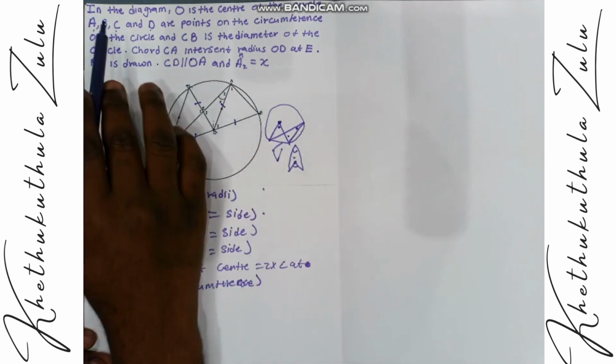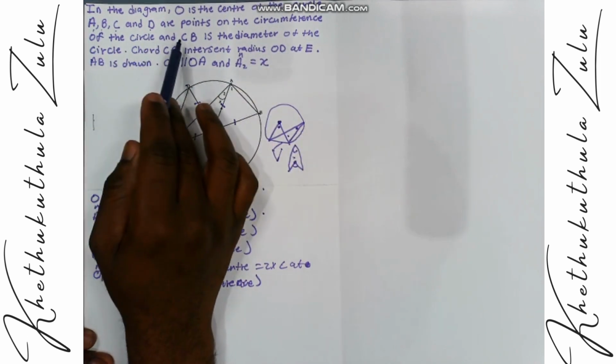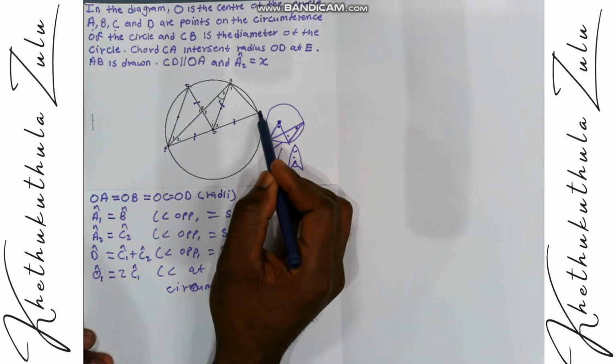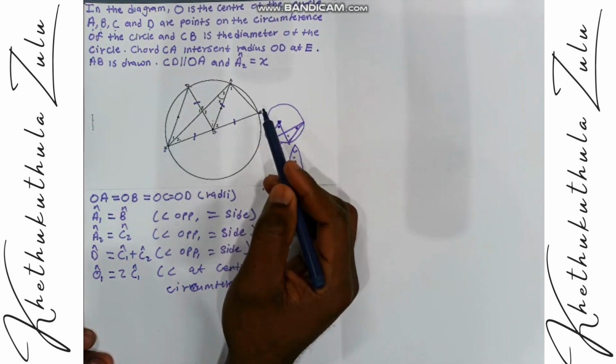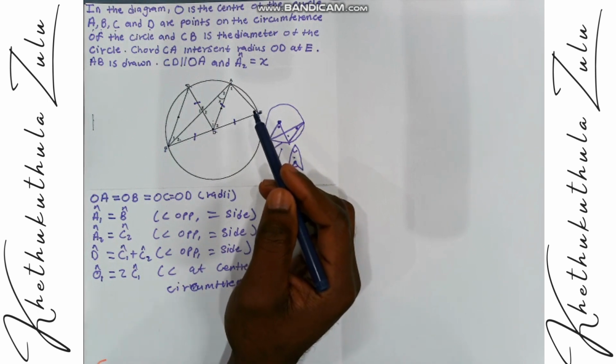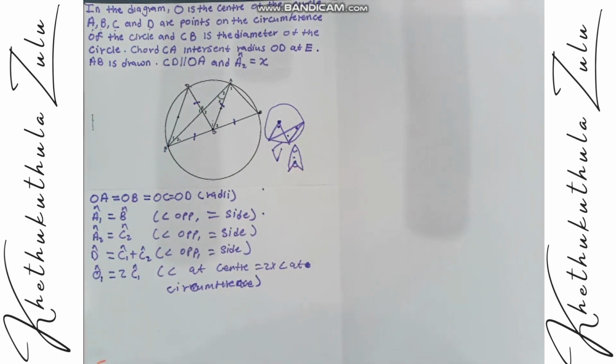Now they are telling us that CB is a diameter. What does that mean?